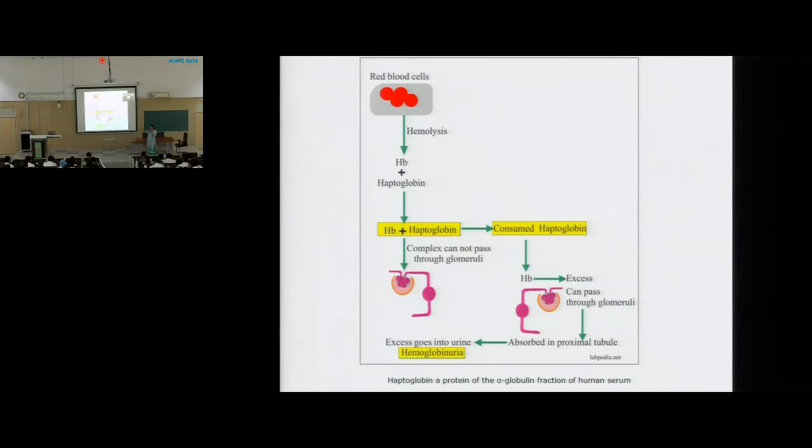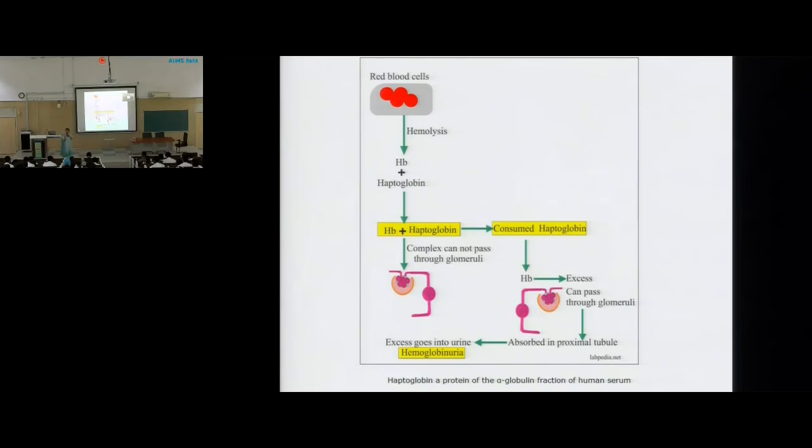But when there is an increased amount of hemolysis, this haptoglobin will not be able to cater for it, and then you will start having hemoglobin in urine. So when there is an increased amount, there will be hemoglobinuria. Okay? So initially, what is the response?